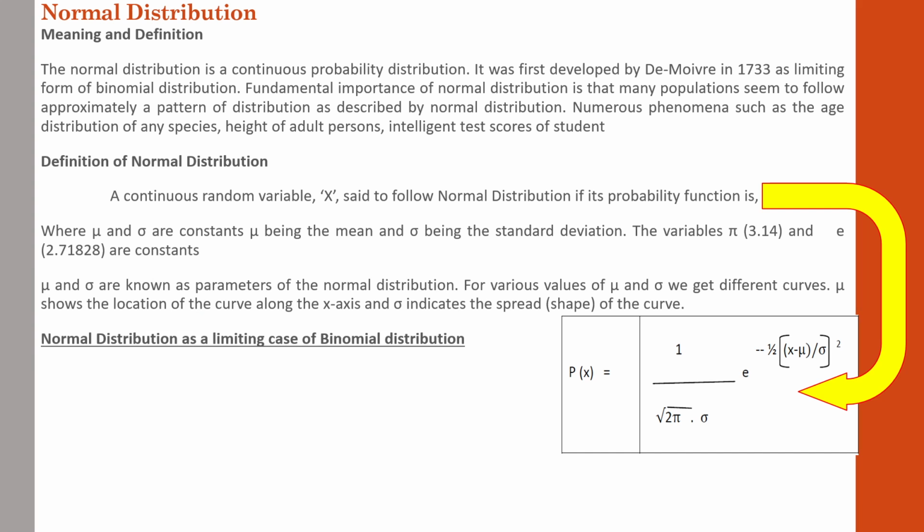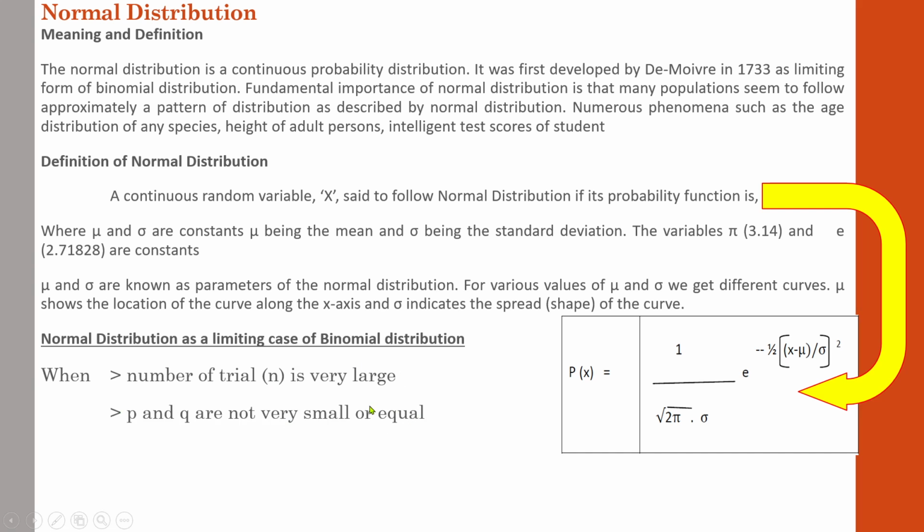Next one, normal distribution as a limiting case of binomial distribution. We have been discussing that point from the beginning of normal distribution. It is actually a limiting case of binomial distribution. When the number of trials, otherwise known as n, is very large and p and q are not very small or are almost equal.